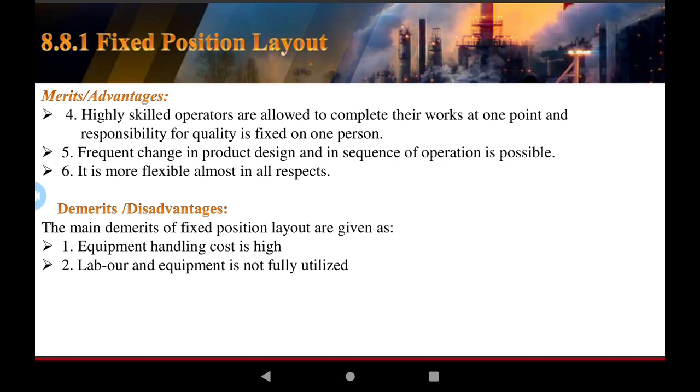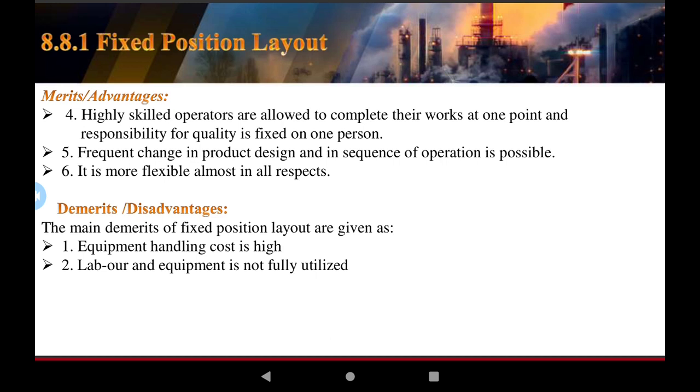The responsibility for the quality is fixed on one person, so responsibility is given to only one person. Frequent changes in the product design and sequence of the operation are possible. It is more flexible in almost all respects.